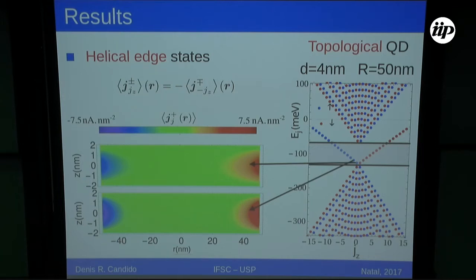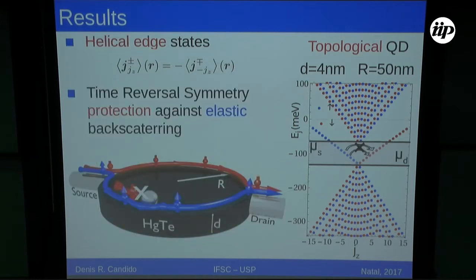I will explain this later, how we can see that in an easy way. Now if I couple my quantum dot with a source and a drain, with chemical potentials of source and drain like that, it's possible to have transport through this dot without backscattering.